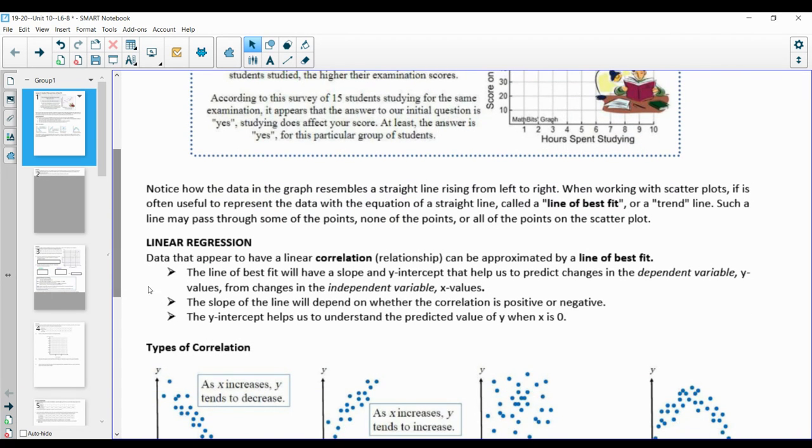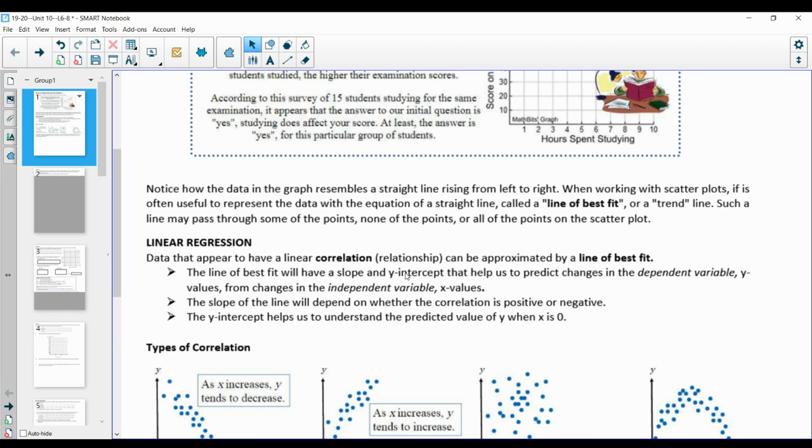So linear regression. The data that appear to have a linear correlation or a linear relationship, like we just saw in that table, well, we can approximate them using a line of best fit or a trend line. The line of best fit will be a line, so a linear equation of y equals mx plus b. So we'll have a slope and a y-intercept.